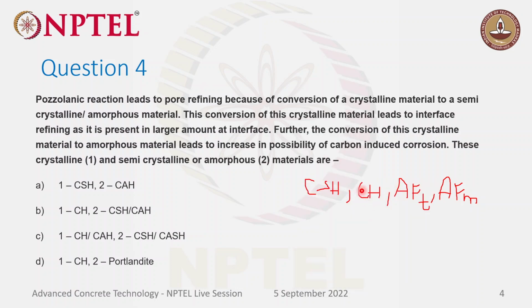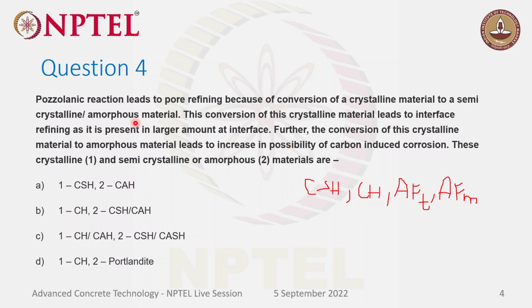Sulfate attack and all that will be discussed in the following lectures. If some aggressive chemicals come from the environment, they will react with this particular phase, Portlandite, and it will affect the concrete durability and performance.